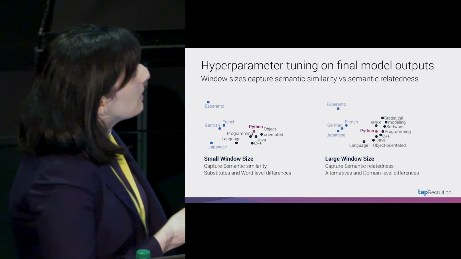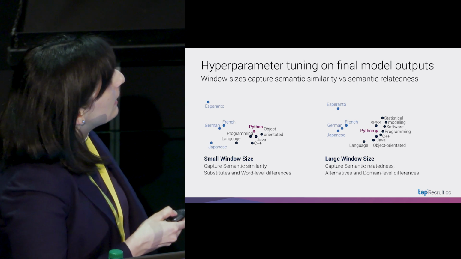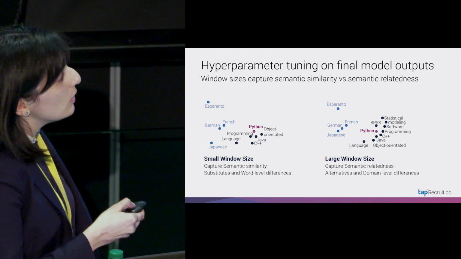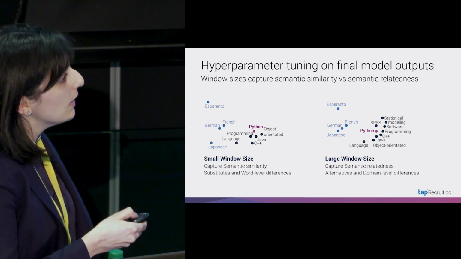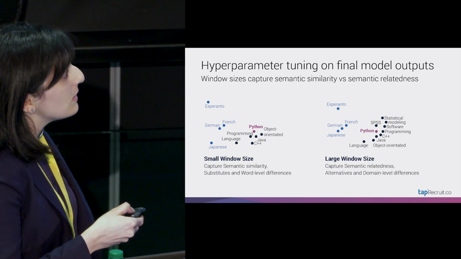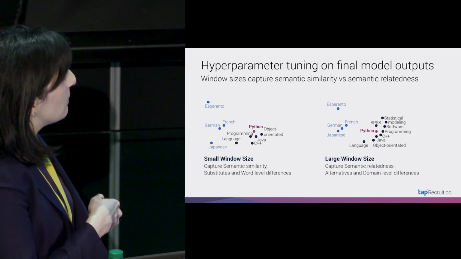When we train with a much larger window size, you get things that are a little bit further away, like statistical modeling and SPSS. These are all going to clump a little bit closer together with Python, so they're alternatives rather than substitutes.